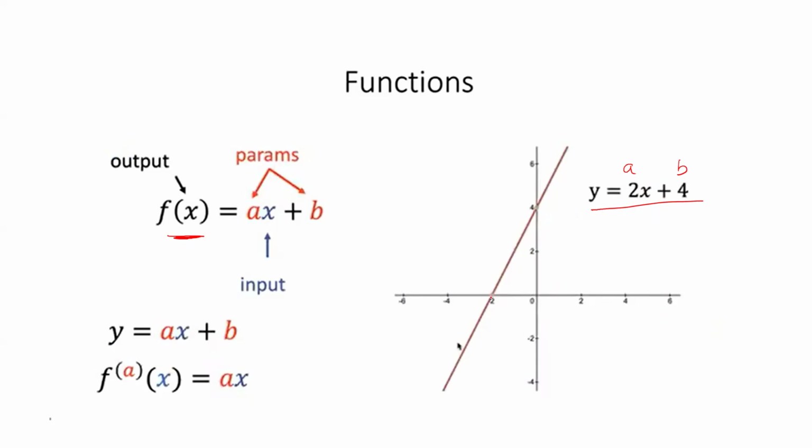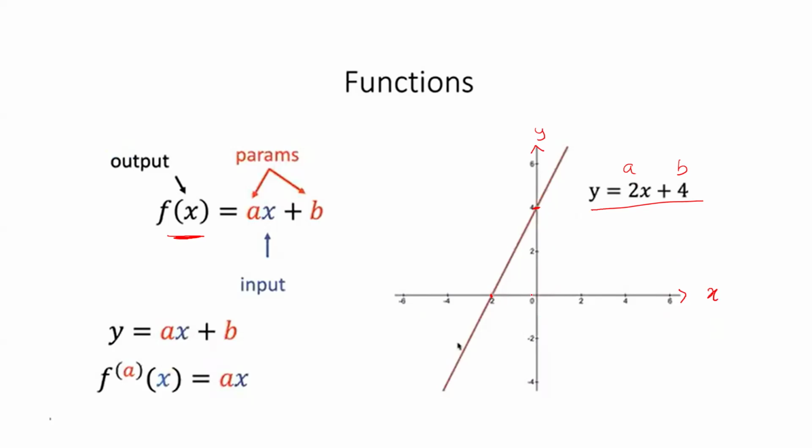So here you can see that my a is equal to 2 and my intercept is equal to 4. This is my y and this is my x.